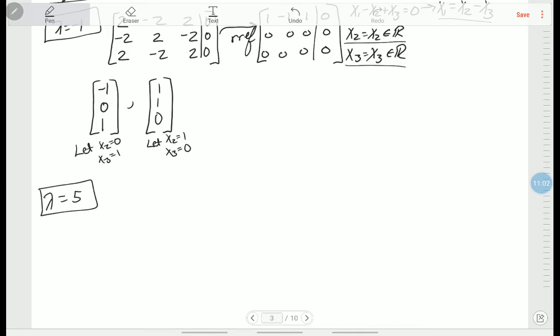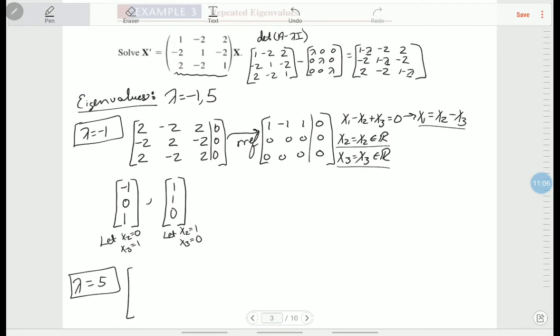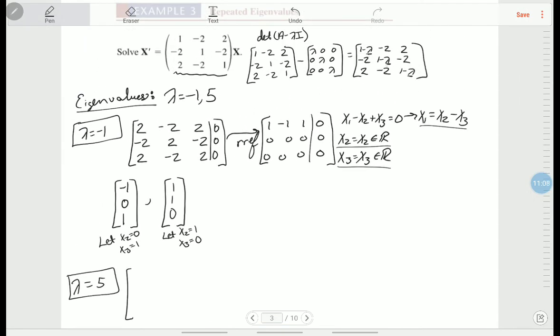Now let's substitute that 5 in. Remember, it's going into the A minus lambda I. It's going in for all of these lambda values. Here, here, and here. 1 minus 5 is a -4.